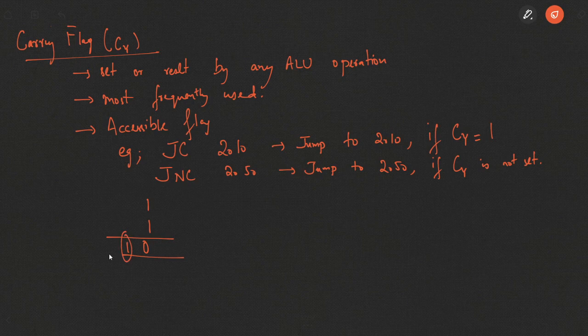It will become equal to 1, and if the arithmetic operation does not result in a carry, the flag will become 0. So there will be various arithmetic as well as logical operations during which the carry flag may either be set or be reset. So this is flag number 1, the least significant bit of the flag register.